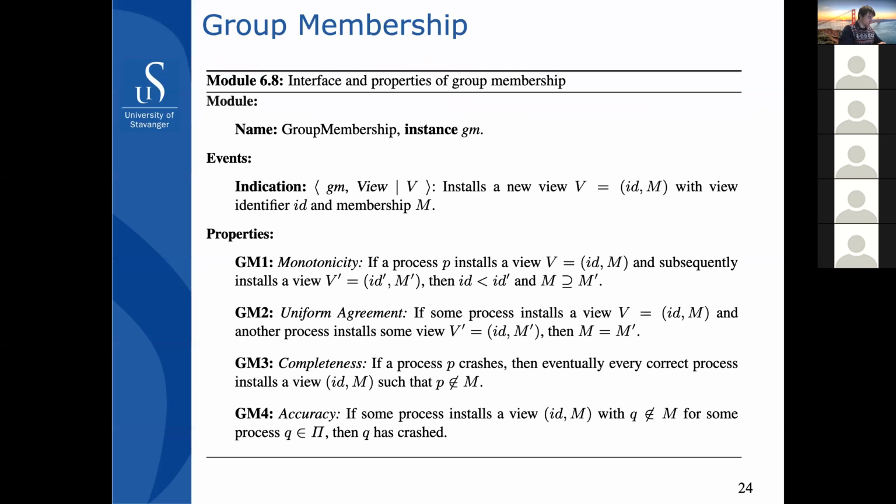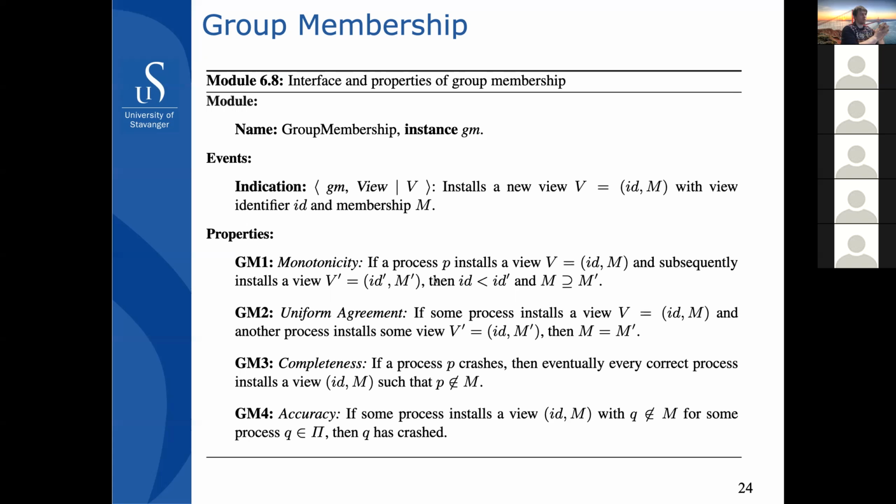And the module description is seen here. One thing I maybe forgot to mention is that there is a monotonicity property here, so the ID of the view is always increasing, so it never goes back.